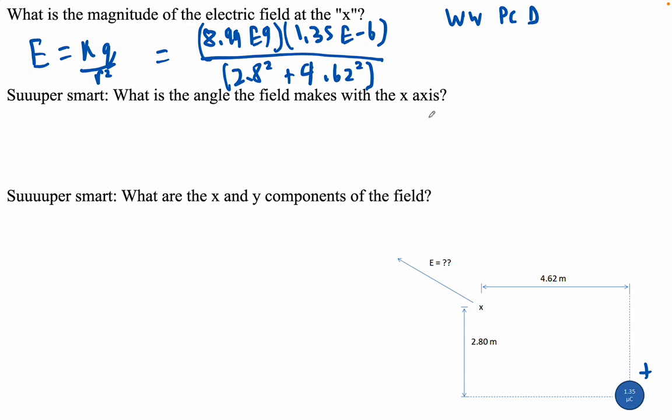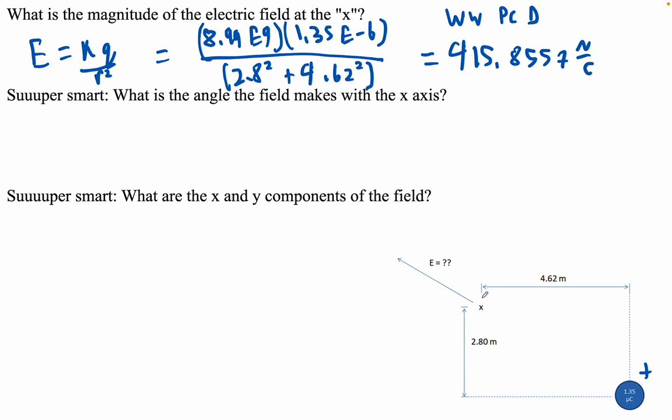So 8.99 E9 times 1.35 E minus 6 divided by left parenthesis, because I didn't use the fraction, 2.8 squared plus 4.62 squared. And this ends up being 415.8557 newtons per coulomb. And it's going to be away from this charge, so it's going to be in this direction like that.